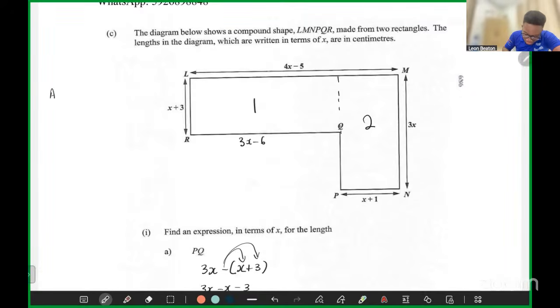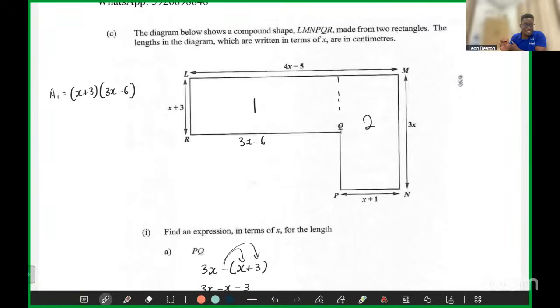So area of shape 1 would be the length times the width. So this would be x plus 3 multiplied by 3x minus 6. Once again, we have the distributive law. You need to know the distributive law.